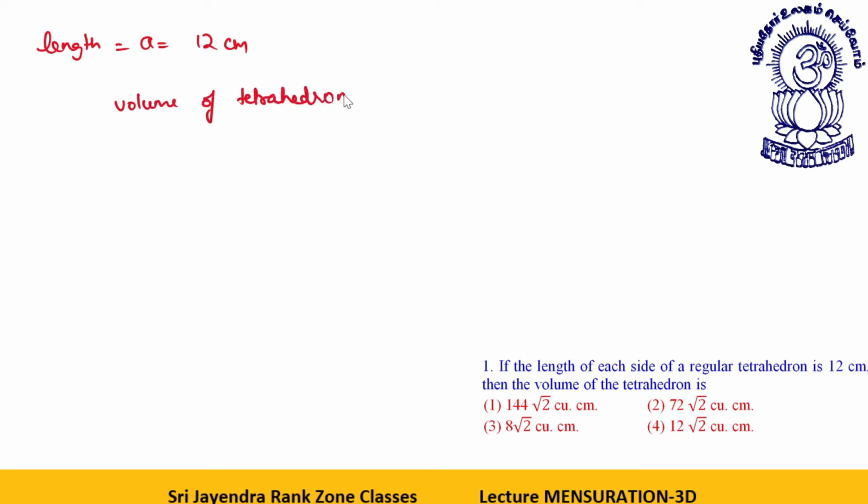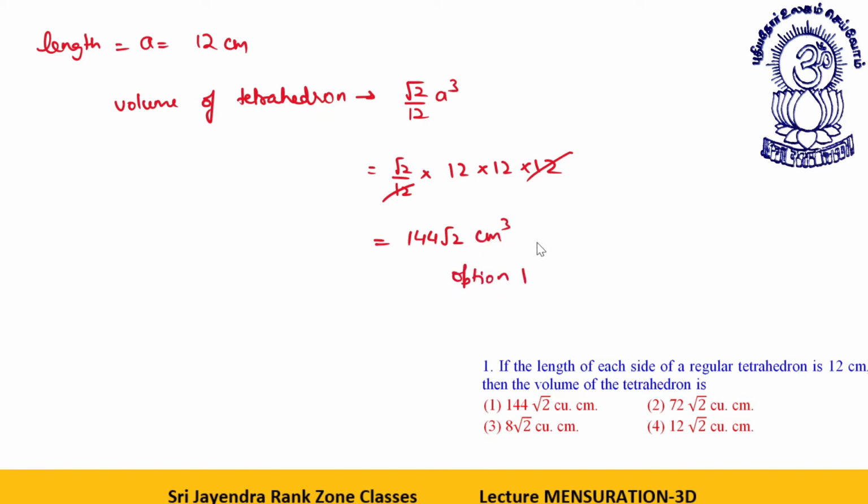The volume of tetrahedron will be root 2 by 12 a cube, that is root 2 by 12 into 12 into 12. 12 and 12 will cancel, so this gives you 144 root 2 centimeter cube, that is option number 1. Is it clear, all dear students? Next one.